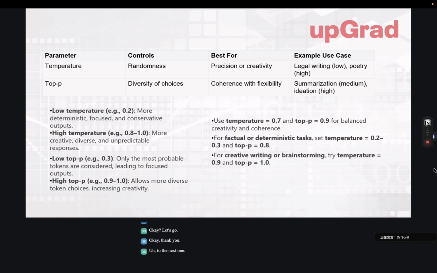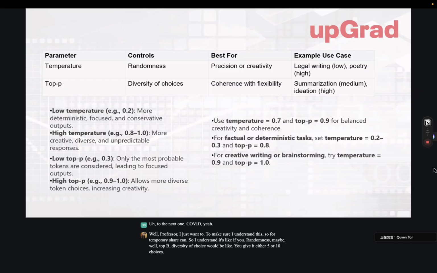Yeah, Professor, I just want to make sure I understand this. Temperature is randomness, and top P is the diversity of choice, like you give it either 5 or 10 choices. The higher the top P, the more choices you give it. Yes.